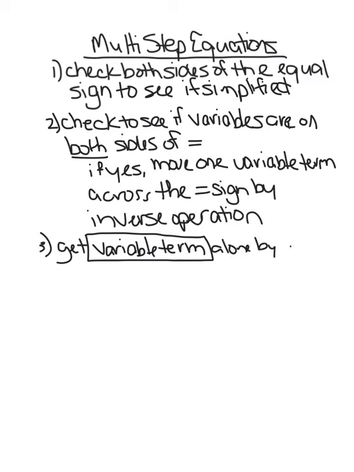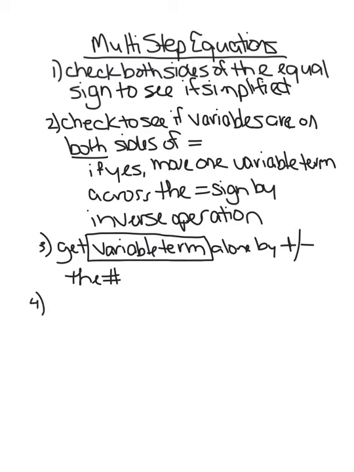And we're going to do this by adding or subtracting the number, the constant. Since we put the variable terms together, if they were on opposite sides, now we're going to get the variable term alone by adding or subtracting that constant that's with the variable term on that same side.